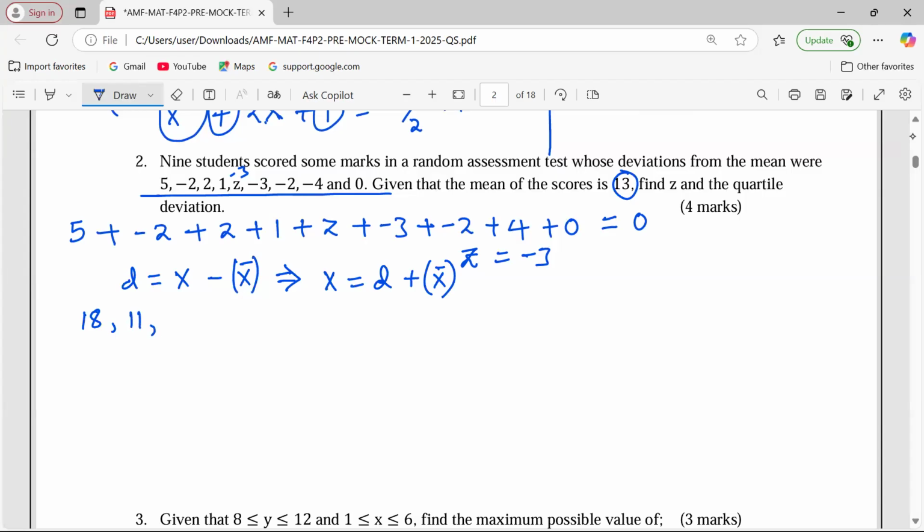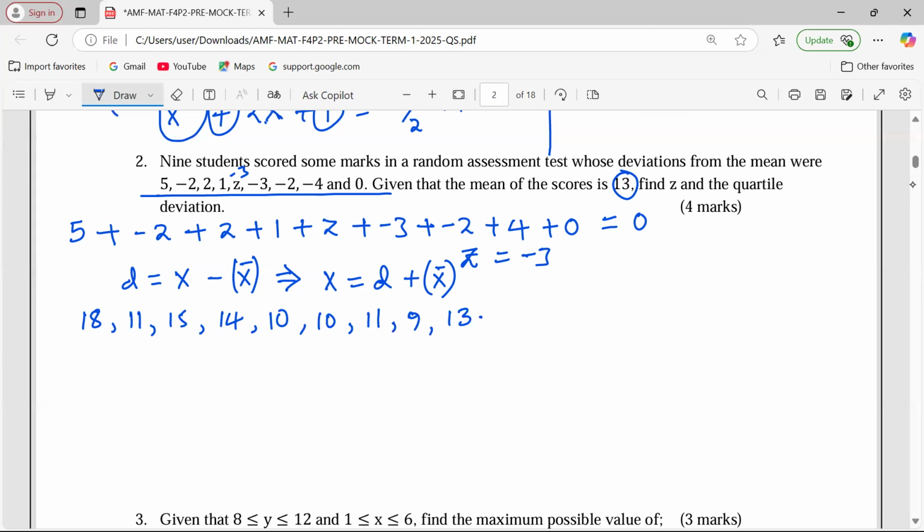The other one will be 15, then 14, then 10, then 10 again, because of -3, then we will get back our 11. Then with -4, it means the person is having 9. Then with a deviation of 0, that person was having exactly 13. So he got the mark which also became the mean. So these are now the individual scores.